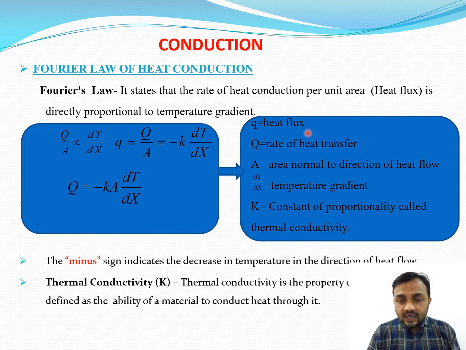Capital Q is the rate of heat transfer, capital A is the area normal to the direction of heat flow, dT by dx is the temperature gradient, and k is known as the constant of proportionality, otherwise known as thermal conductivity. So Fourier's law states that heat flux is directly proportional to the temperature gradient.